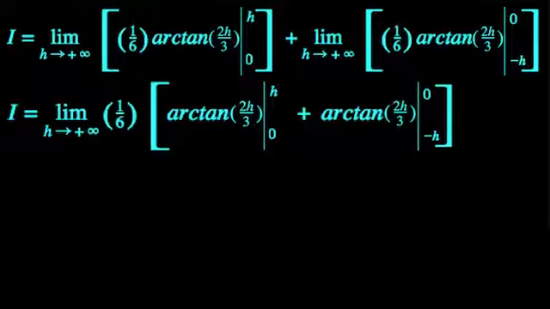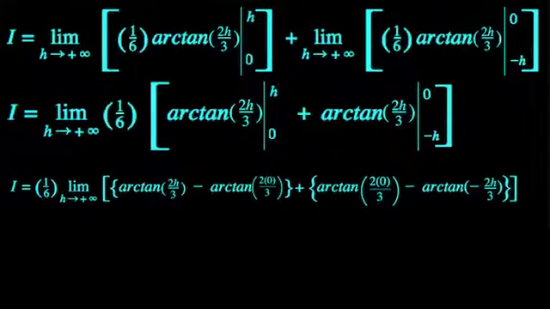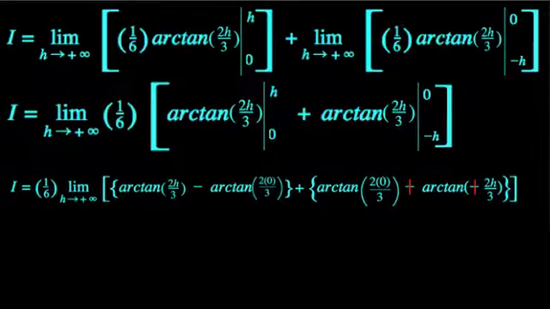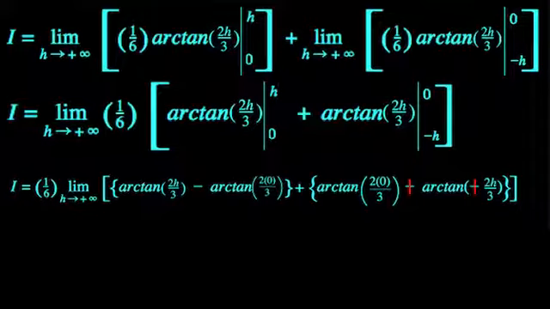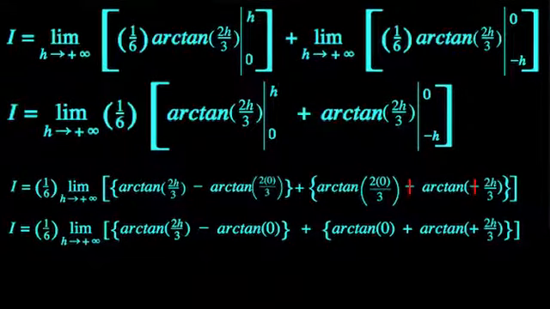the 1 over 6 to the front, we can expand the terms inside of the brackets, and from here we can see that the minus signs on the right hand side cancel, since arctangent is an odd function. And simplifying the middle two terms, we see that they are 0, since arctangent of 0 is 0.